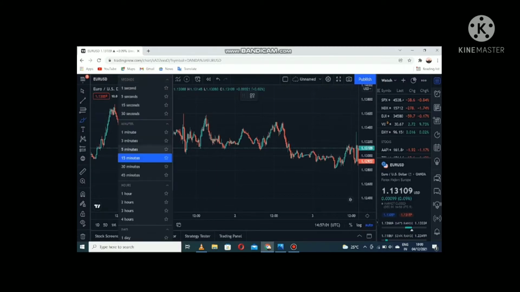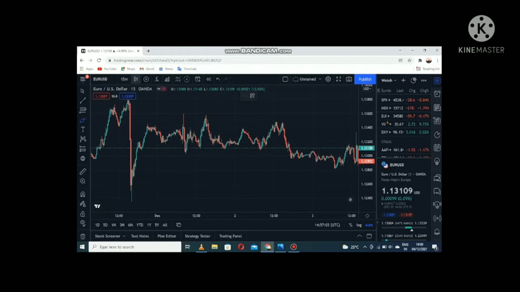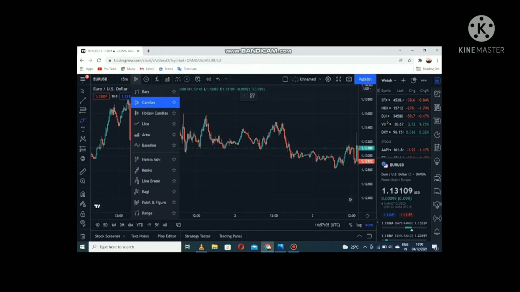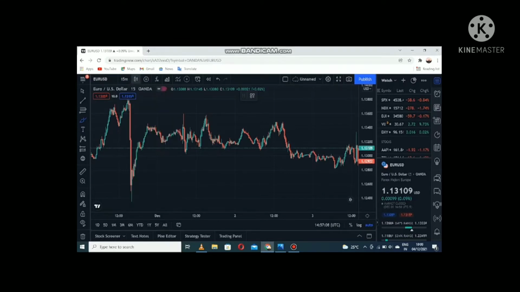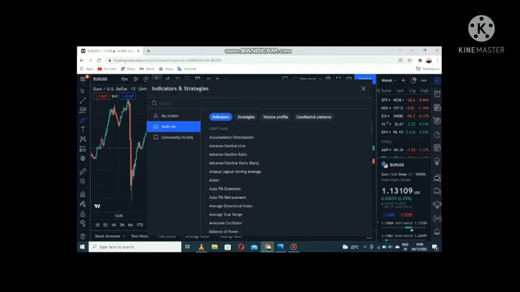The time frame we're using is the 15 minutes time frame, with candlesticks. Basically, this is the tradingview.com website that shows you live markets that you can analyze on a daily basis whenever you want to take trades. So without wasting time, I think we should get started.